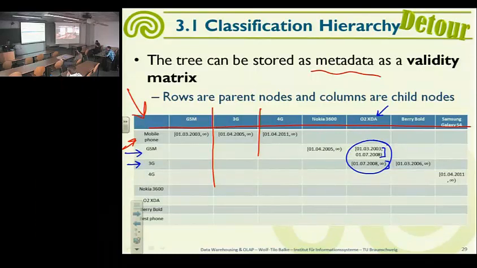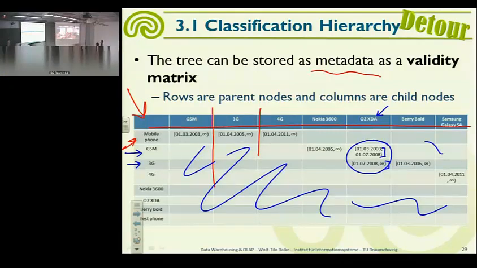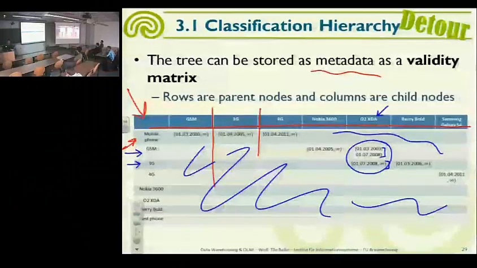Now, of course, what might come to mind is how efficient it is to store these matrices, because as you can see, they're rather sparse. However, it's not really a problem because you don't have a lot of products.